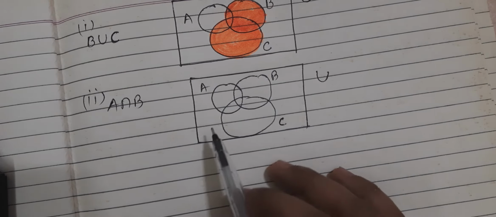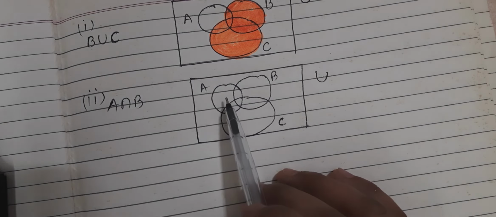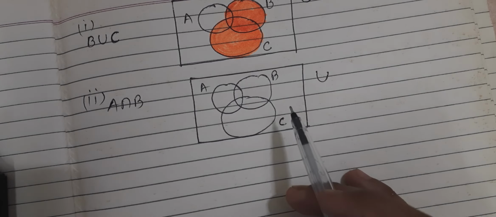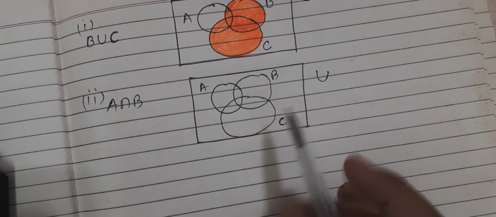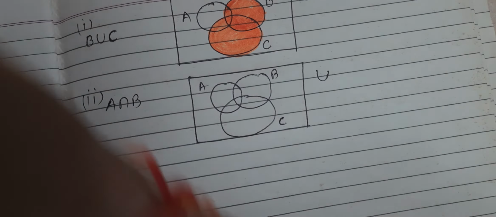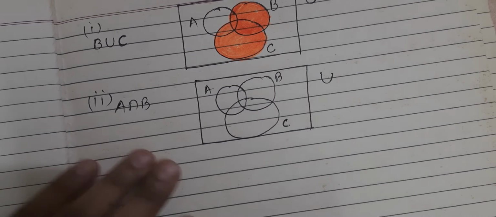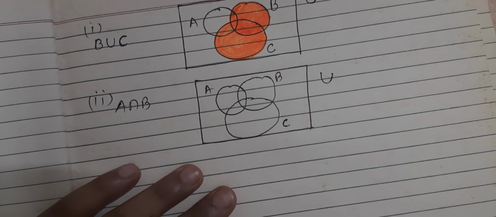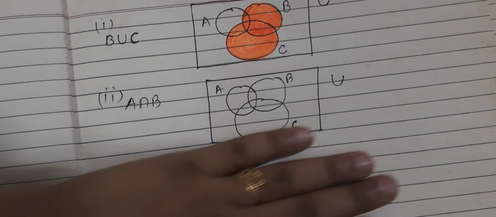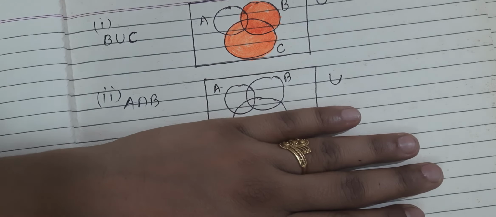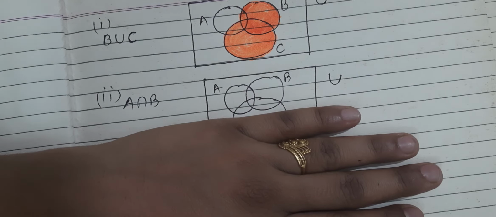Suppose set A has 2 elements, set B has 3 elements, and set C has 5 elements. Here we have to show A intersection B, the common portion between A and B. So forget about C and only concentrate on A and B.